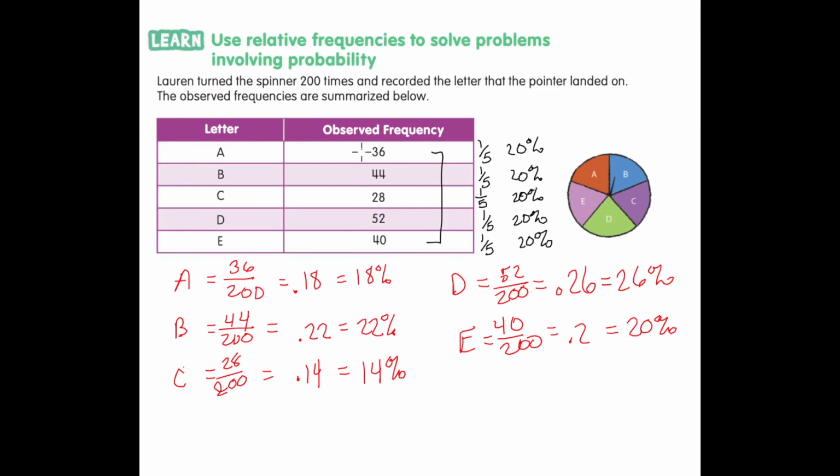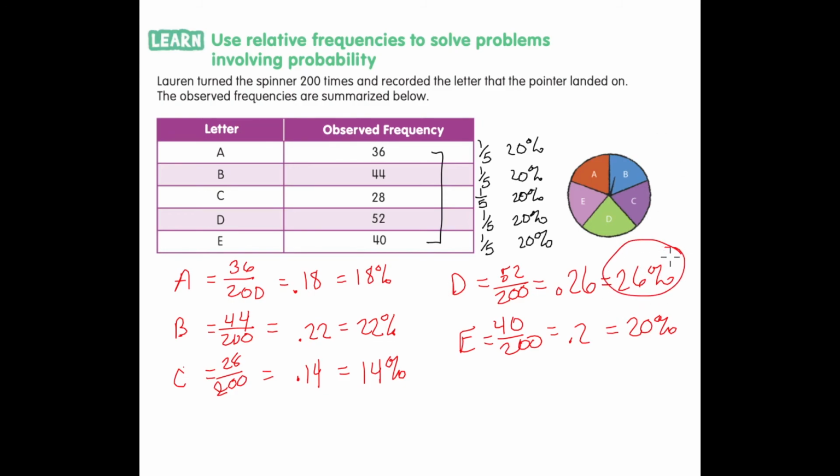So based off of our observed frequencies, we could find our experimental probability, or the likelihood that these events would occur. And we could answer some questions about it. We could say that if we spun the spinner one more time, we could make an educated guess saying that D would land next.